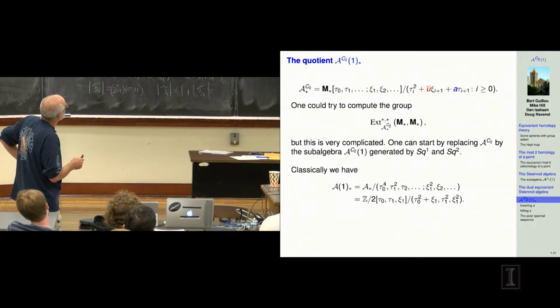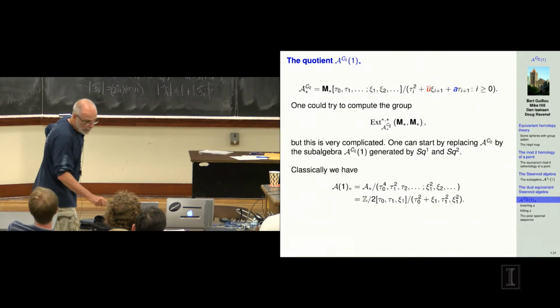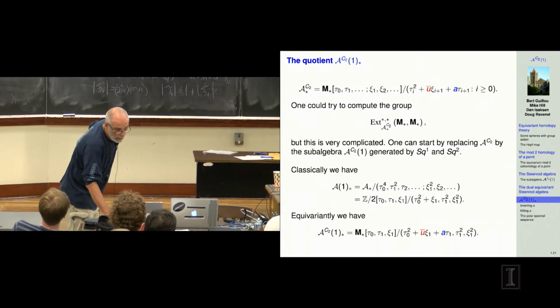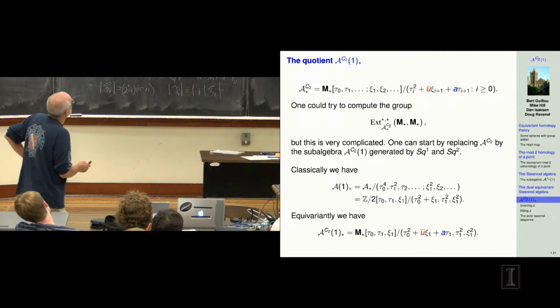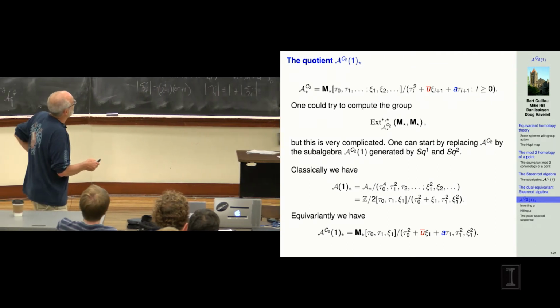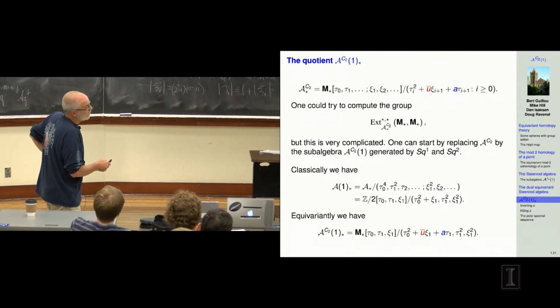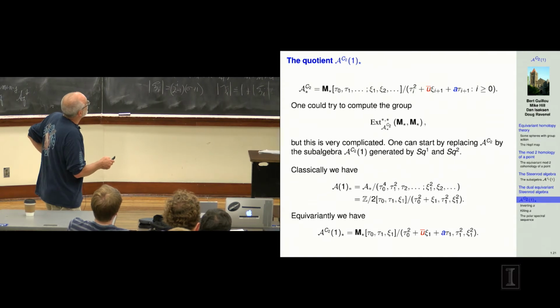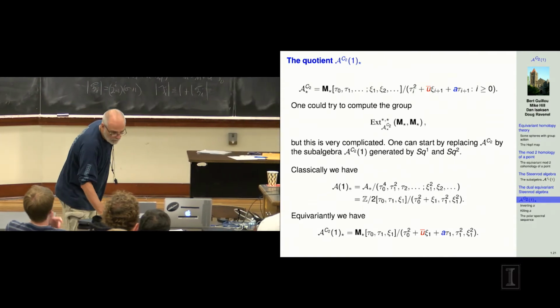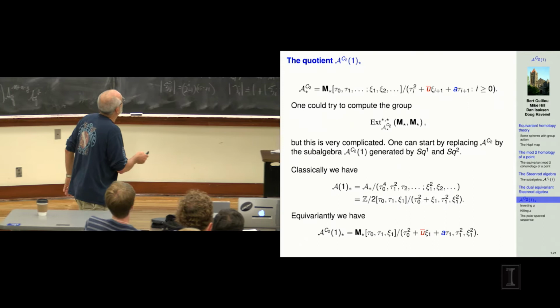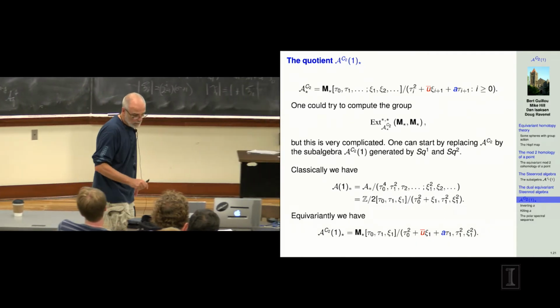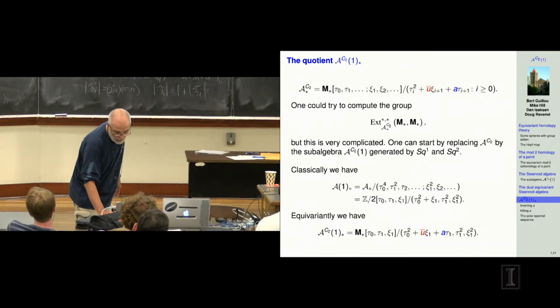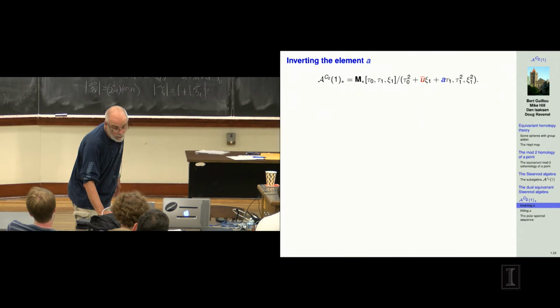So you get this. This is the classical A1 star. And equivariantly, we'll have a similar description, but you'll have this funny multiplicative relation in there instead of this one. So this is the dual of the C2 equivariant A1. This is the algebra that this talk is about.